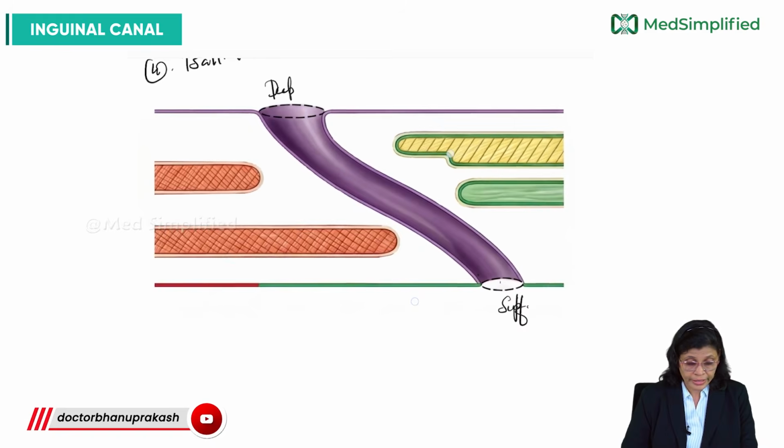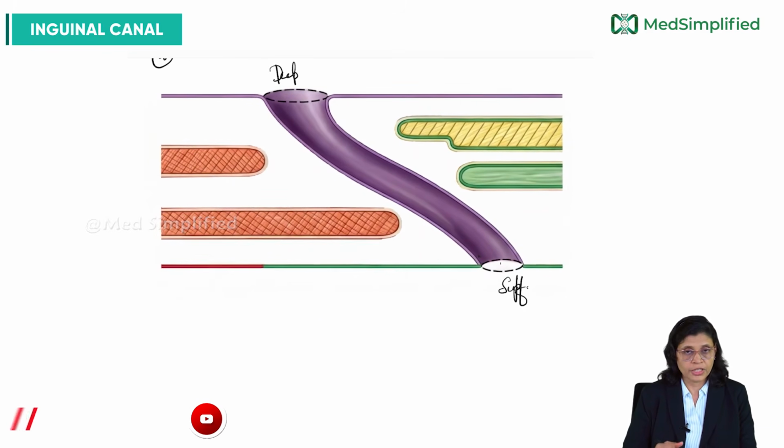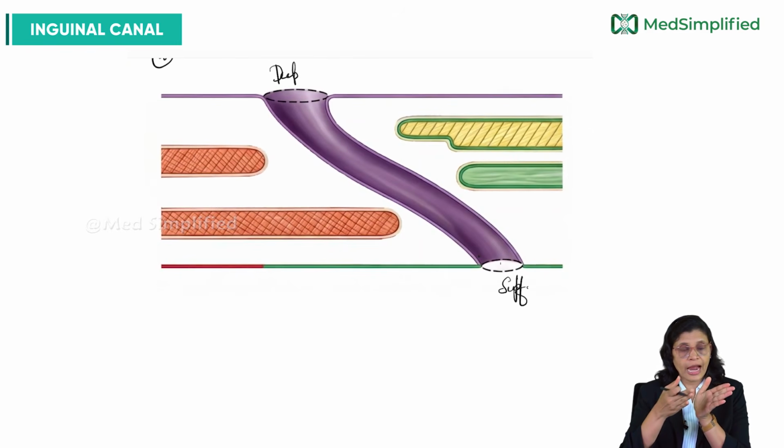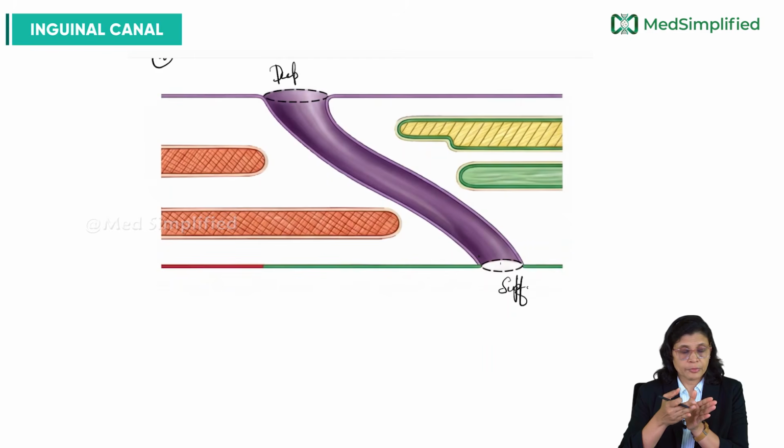How this serves as a mechanism is, whenever there is raised intra-abdominal pressure, the anterior and posterior walls get approximated, like a flap. The anterior wall is mainly contributed by the external oblique, and in the lateral third we have the internal oblique. These muscles contract whenever there is intra-abdominal pressure.